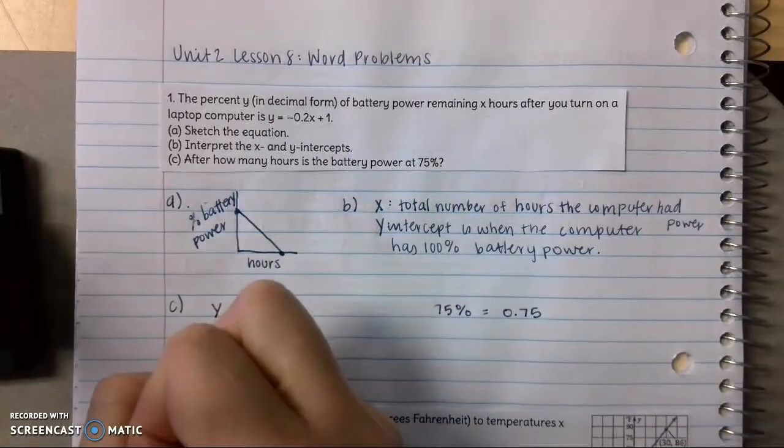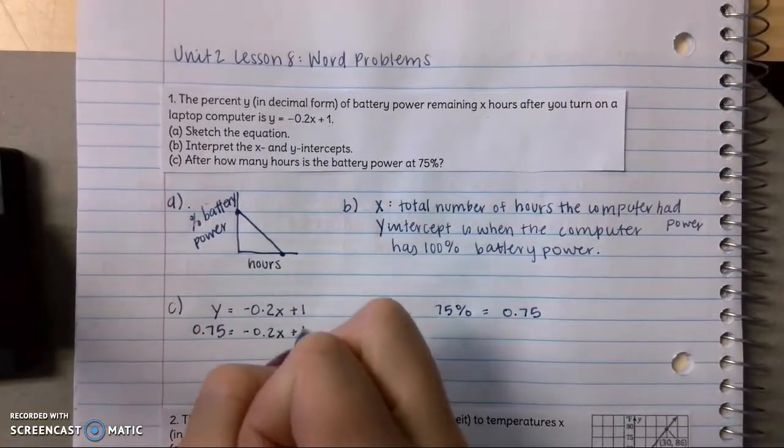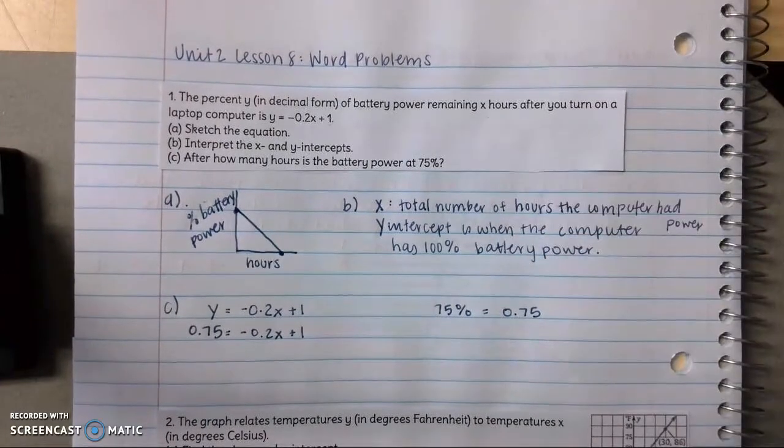So that's going to be plugged in for y. So how many hours is the battery power at 75%? I'm getting myself confused because I'm looking at my notes and looking here.